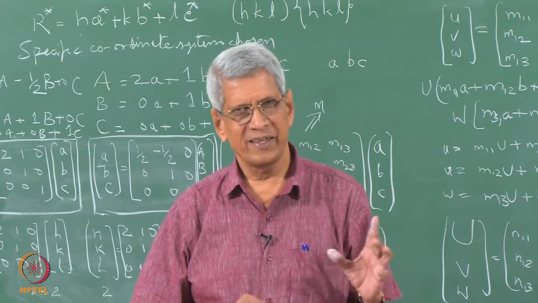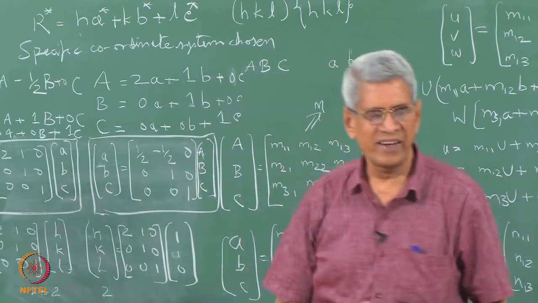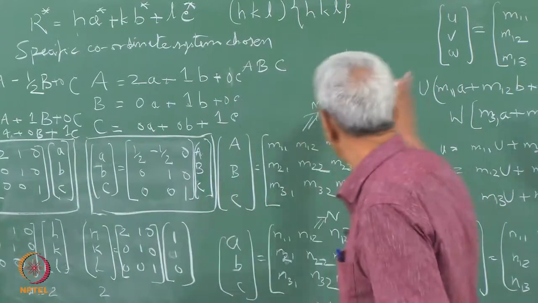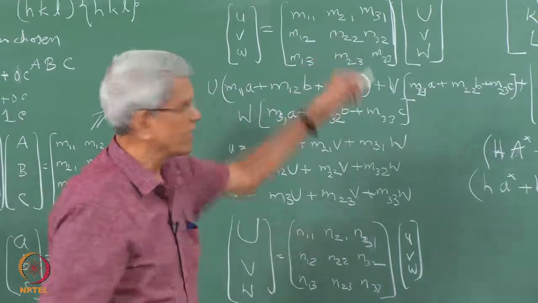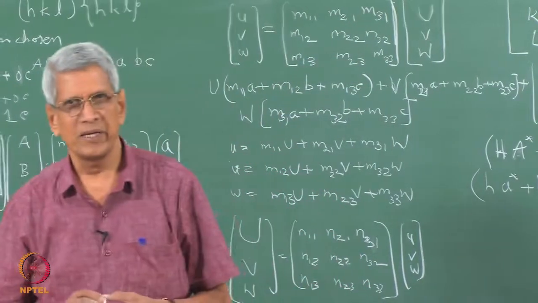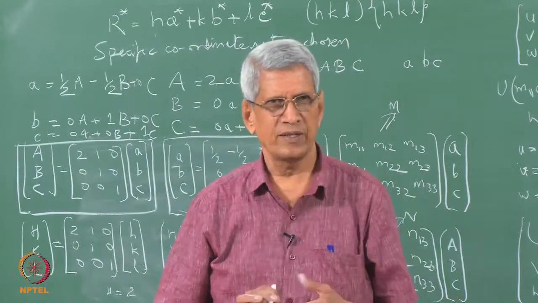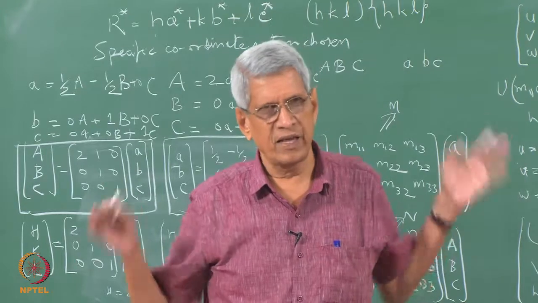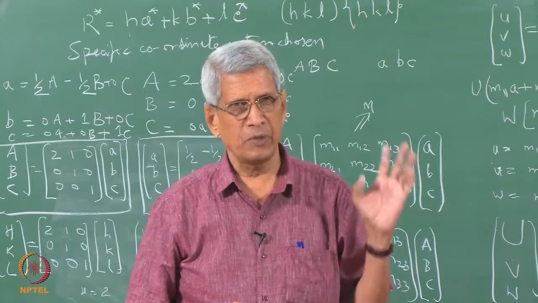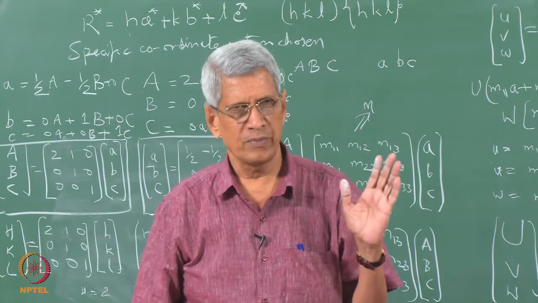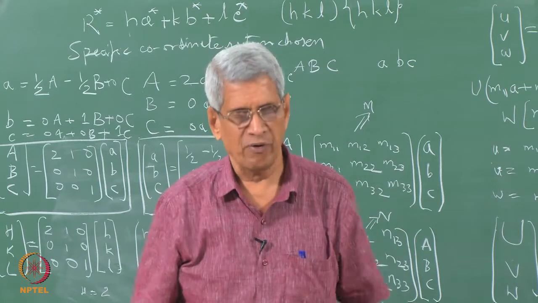One can write the transformation matrix to go from one coordinate system to the other. Then using these formulas which are written for directions as well as for the planes, one can immediately find out the correspondence between the planes and directions between the two lattices. In fact, this formalism could be used to find the correspondence between planes and directions in one coordinate system to another, in any type of transformation.